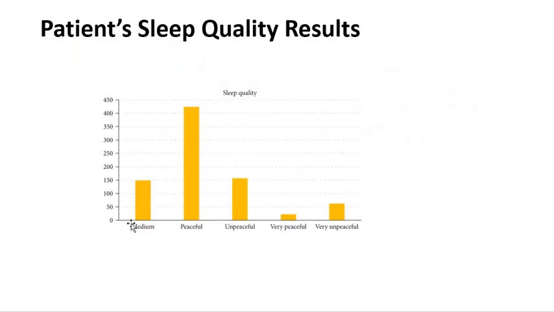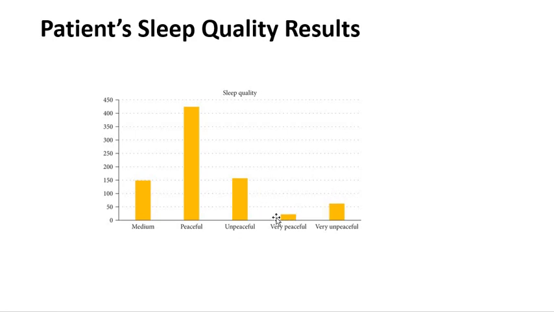Let's say at the medium level, he is going to sleep for 150. Then at the peaceful level, he is going to sleep for 450. At the unpeaceful level, he is going to sleep for again 150. And at the very peaceful level, he is going to be for 0.